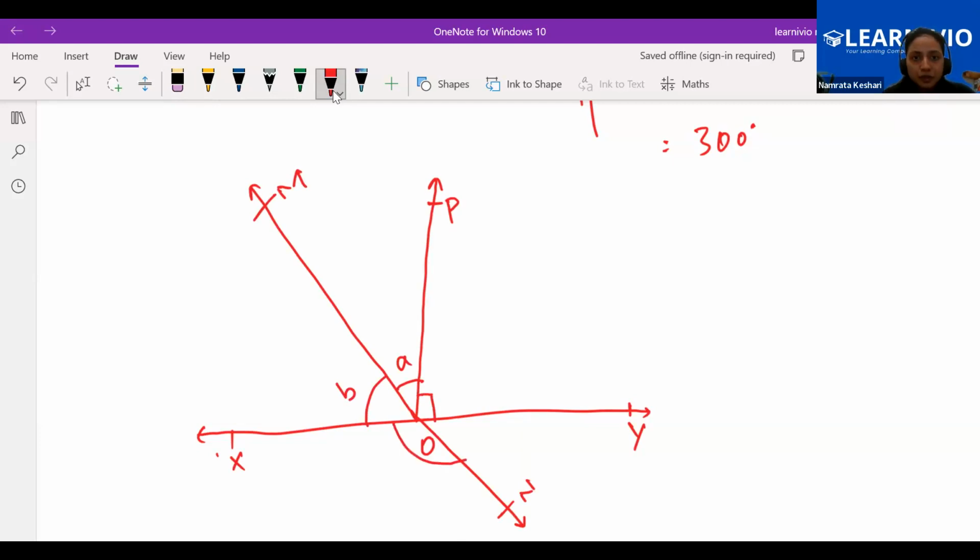The information which is given along with this question is XY and MN.